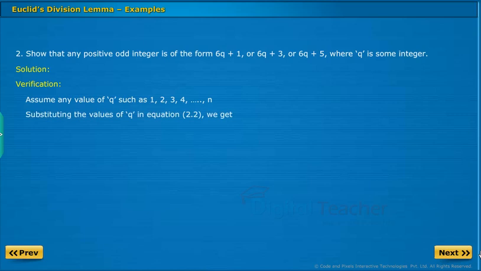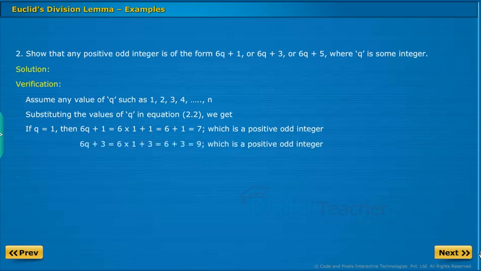Substituting the values of q in equation 2.2, if q equal to 1, then 6q plus 1 is equal to 6 into 1 plus 1, which is equal to 6 plus 1, that is 7, which is a positive odd integer. 6q plus 3 is equal to 6 into 1 plus 3, which is in turn equal to 6 plus 3, that is 9, which is a positive odd integer.